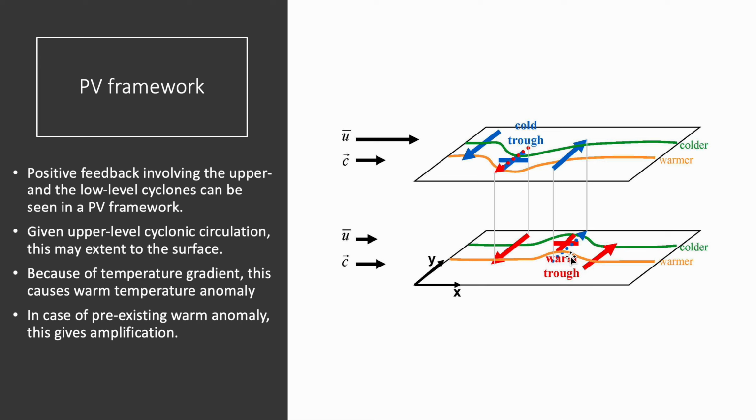There also might be some pre-existing lower anomaly. So if we move to the surface and consider some kind of warm anomaly, then the warm anomaly would have some kind of cyclonic circulation that is again represented by these vectors over here.